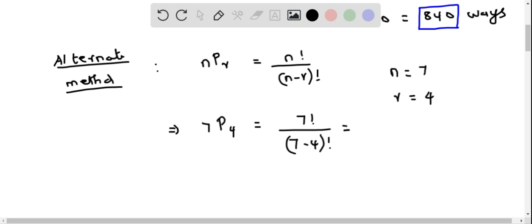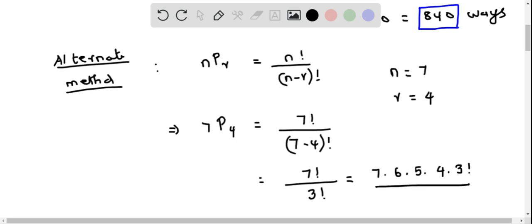I'll write this below. This gives 7 factorial divided by 7 minus 4, which is 3 factorial. And so this can be written as 7 factorial, which is 7 times 6 times 5 times 4 times 3 factorial, divided by 3 factorial.